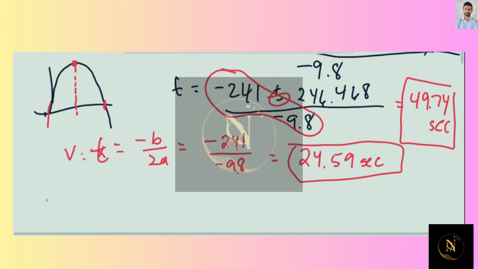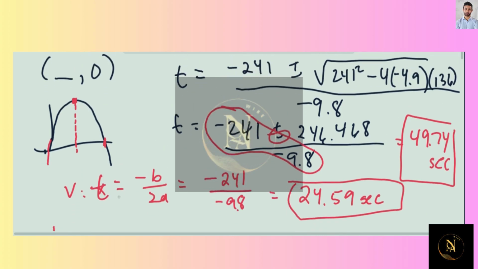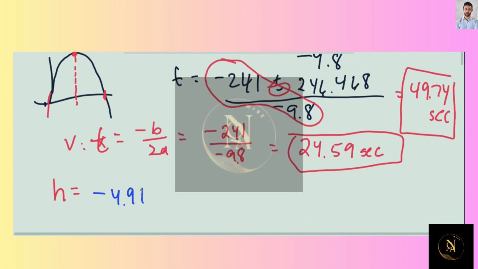Now I just need to go to my model and plug it in. We plug in negative 4.9 times t squared plus 241t plus that 136.